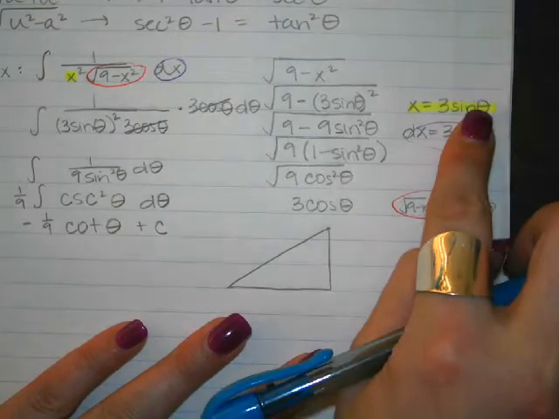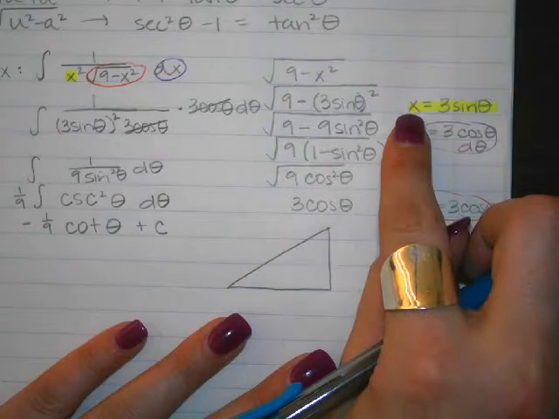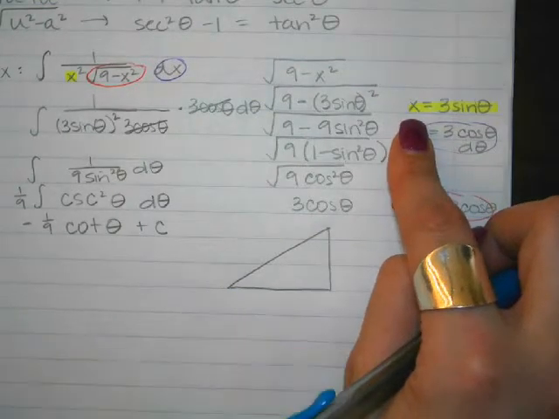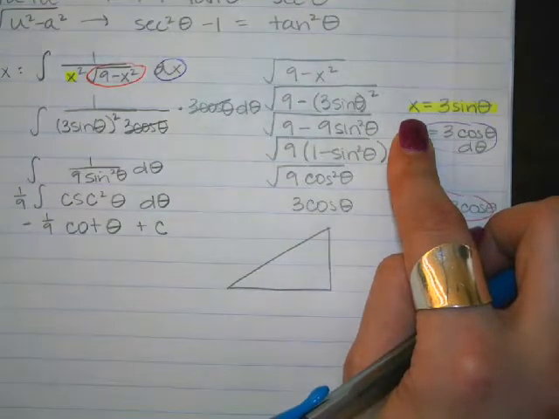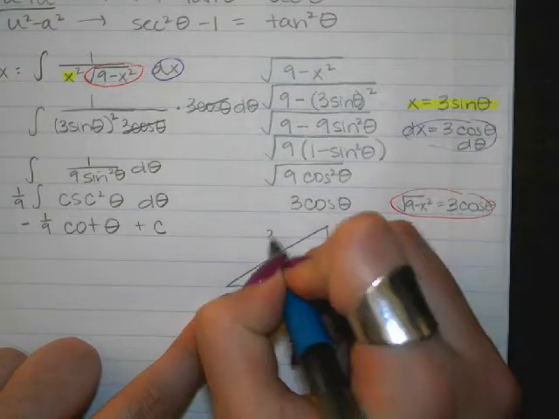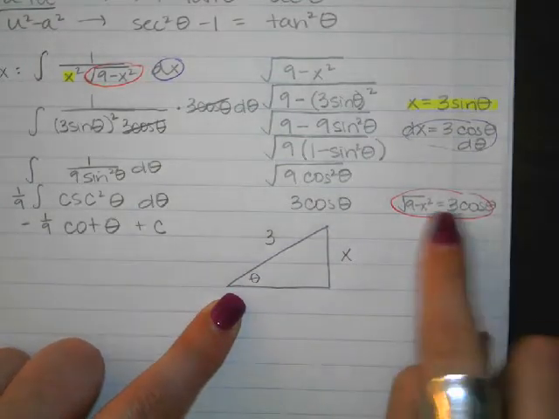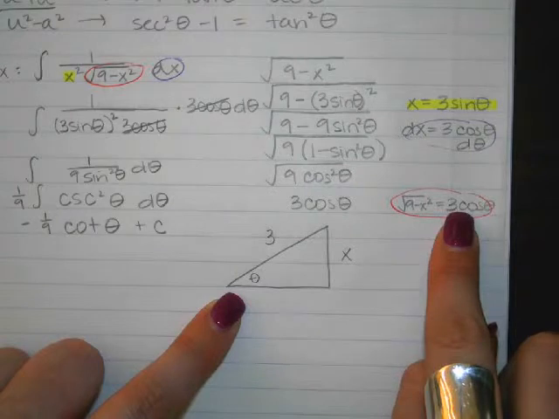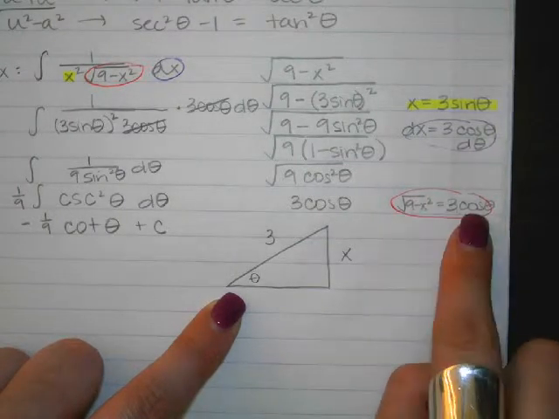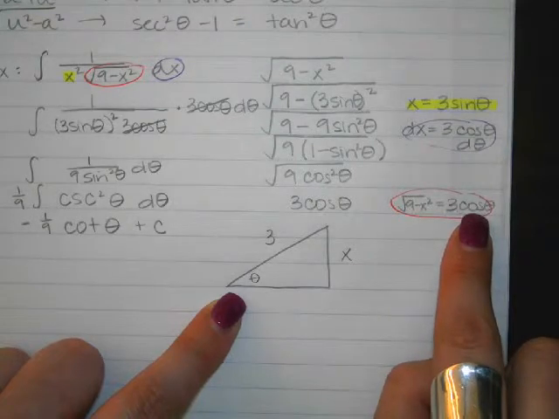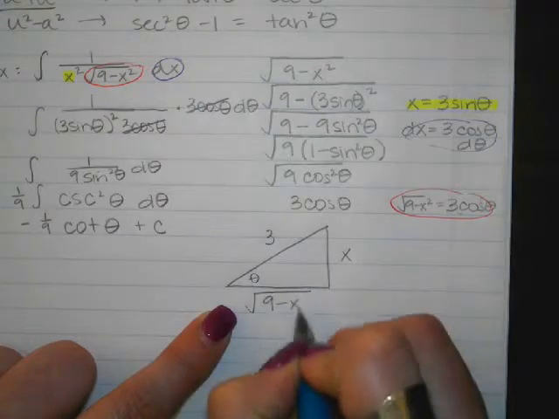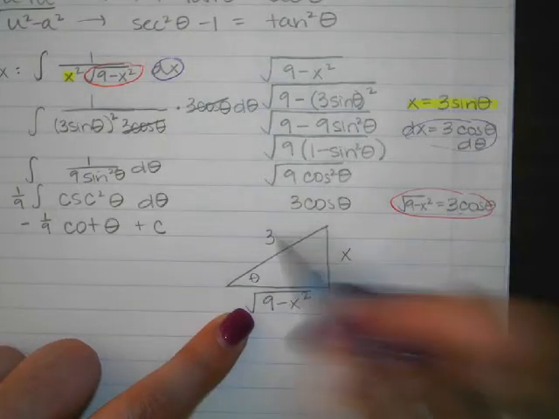Sine is x over 3, and so x over 3 would be opposite over hypotenuse. If this is theta, then the square root of 9 minus x squared over 3 fits, because cos is adjacent over hypotenuse.